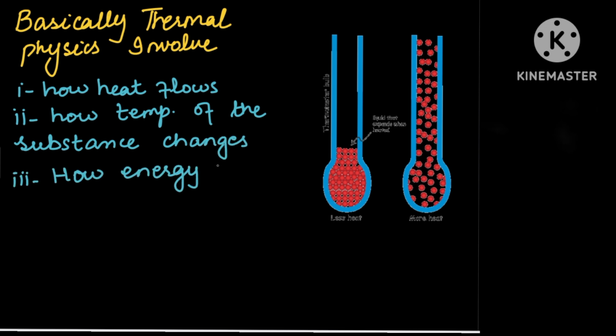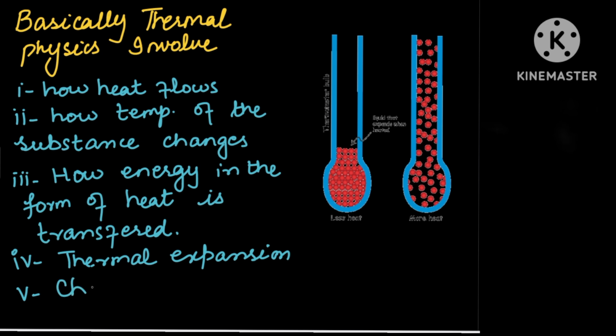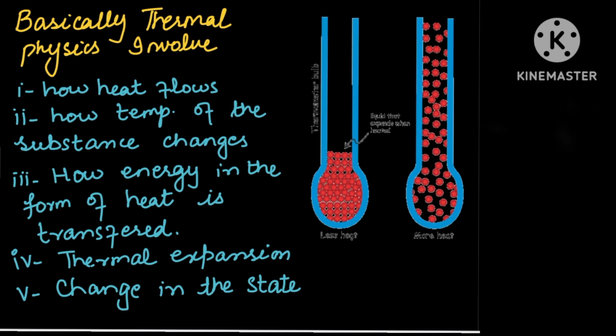How energy is transferred in the form of heat, 4. Thermal expansion in matter, change of state of matter. So, thermal physics is defined as the branch of physics that deals with the study of heat, temperature, thermal expansion, thermal energy, and their effects on matter.